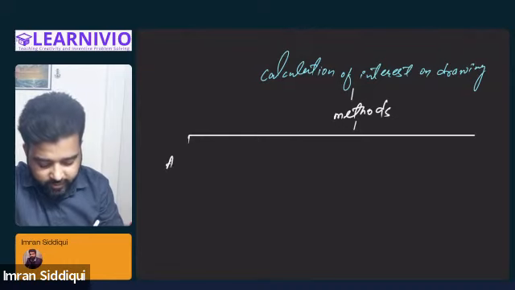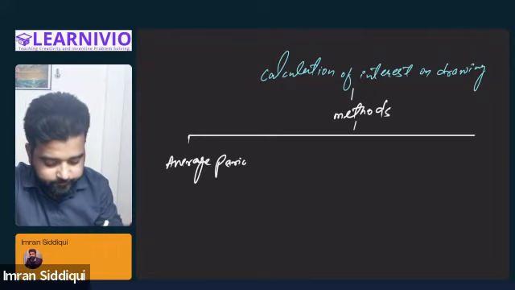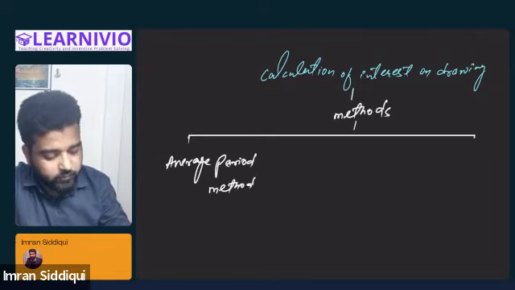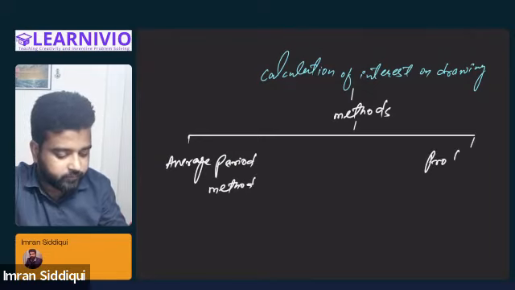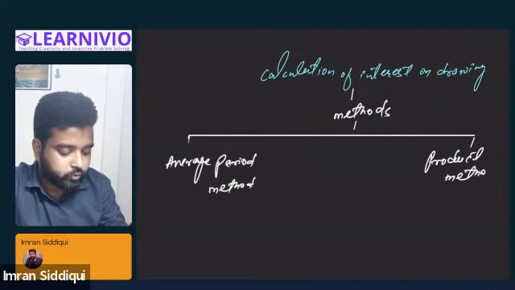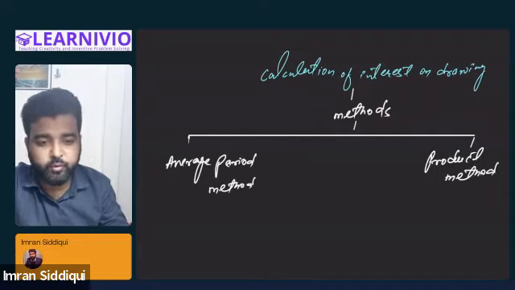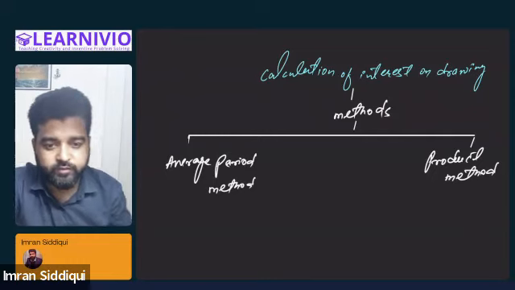First is the average period method. Then we have the product method. So we have two different methods, and both are applicable in two different situations.